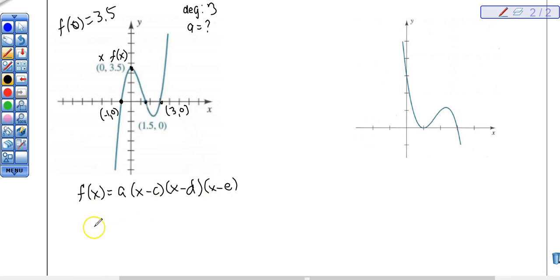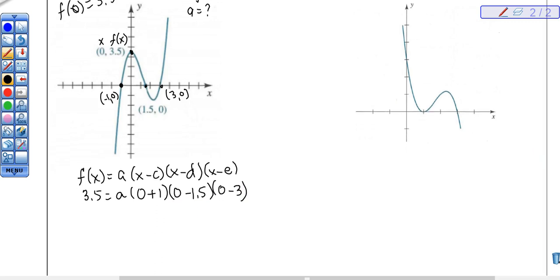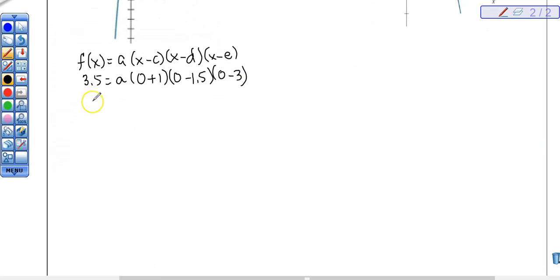Now I'm just going to go and plug all my information in. So my f of x is 3.5. My a is what I'm looking for. X is 0. My first 0 is -1, so minus -1 is +1. And 0 minus 1.5. And 0 minus 3. So we'll go ahead now and simplify that.